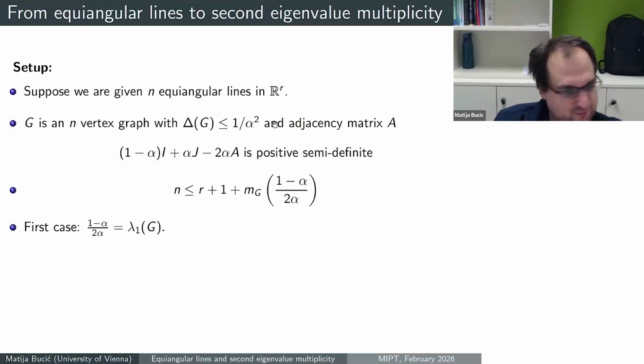Now, the first question that one asks when you see this is, well, there are a few cases depending on which eigenvalue this (1 minus alpha) over 2 alpha will be. If it is the largest eigenvalue of G, then this is relatively easy to solve because we understand the largest eigenvalue very well.